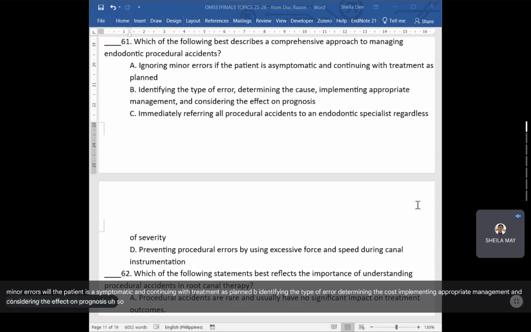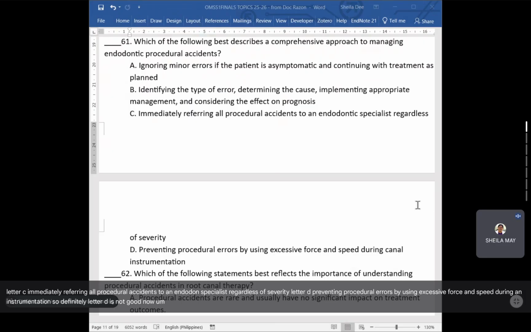So endodontic procedural errors would include minor ones and some are a bit bigger, but the question here is a bit general. Letter C, immediately referring all procedural accidents to an endodontic specialist, regardless of severity. Letter D, preventing procedural errors by using excessive force and speed during canal instrumentation. So definitely, letter D is not good.